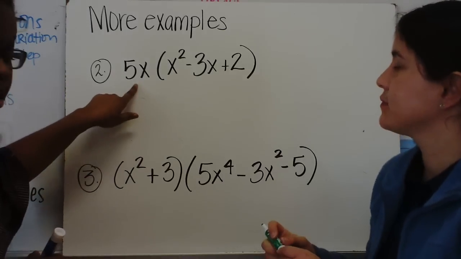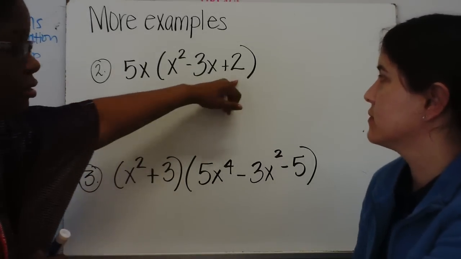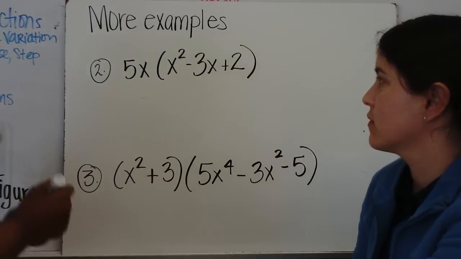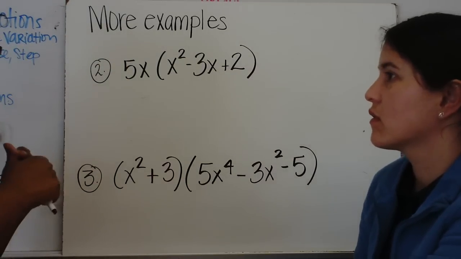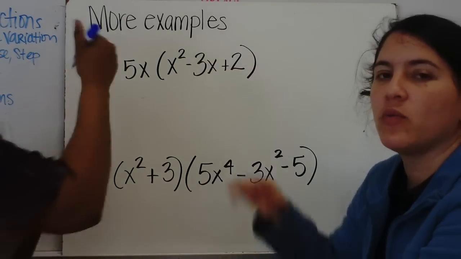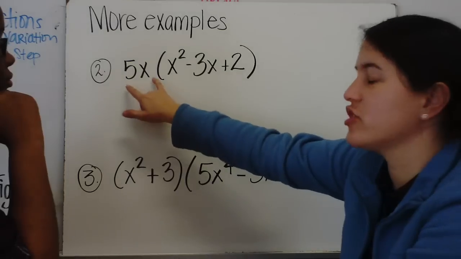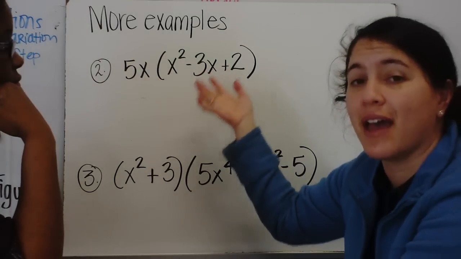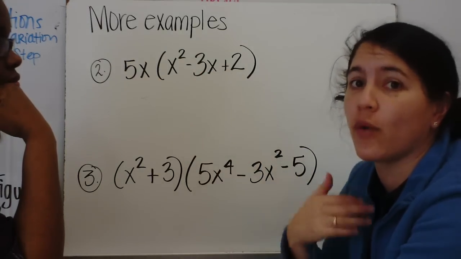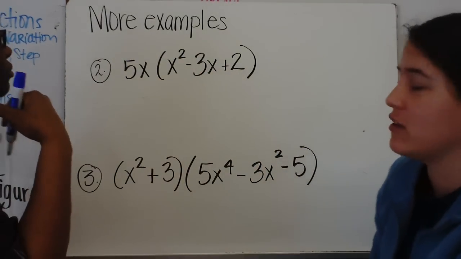This is a monomial times a trinomial, and I will do distributive and Ms. Handler will do box. Now with this problem, because this is just a monomial, the distributive may just be quicker and easier, but I'm going to show you how to do the box method also.